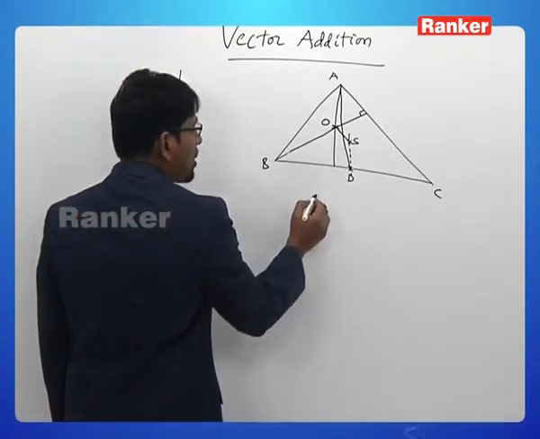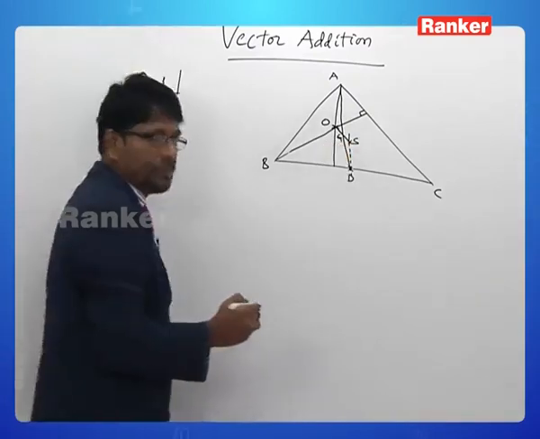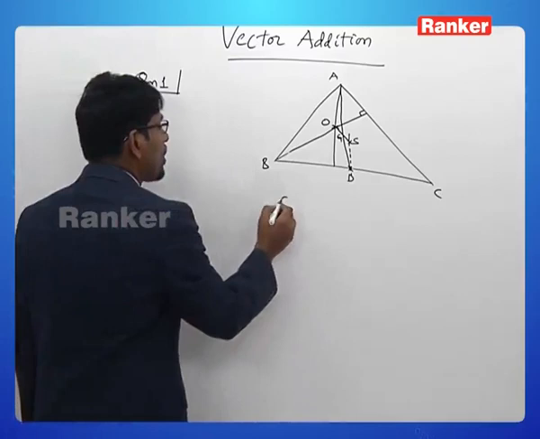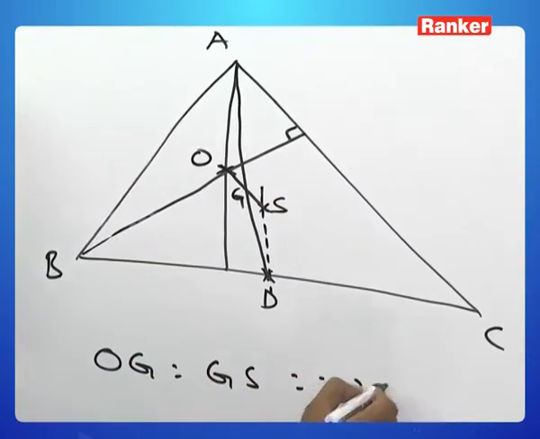It says this point of intersection will be G, the centroid. OG is to GS is 2:1.